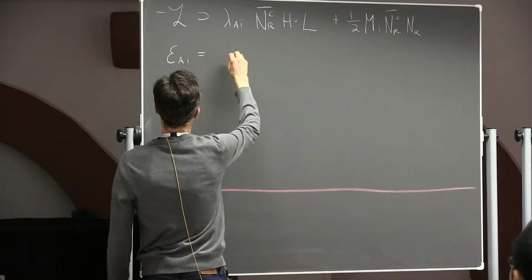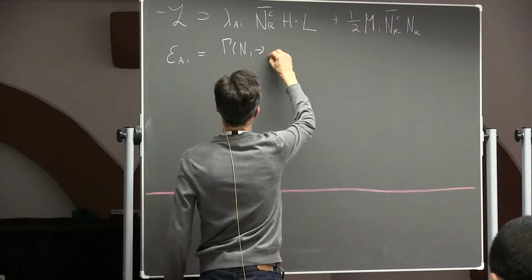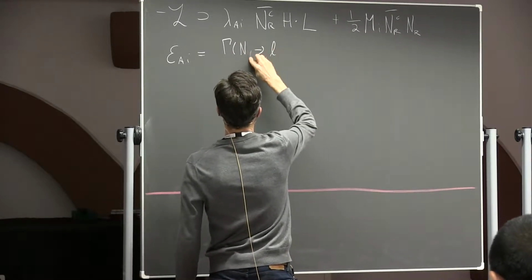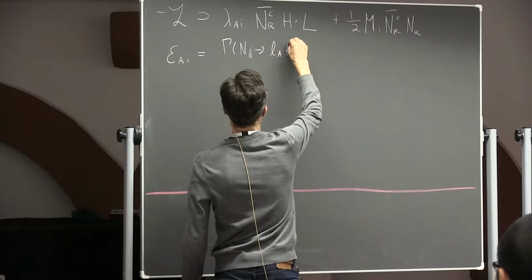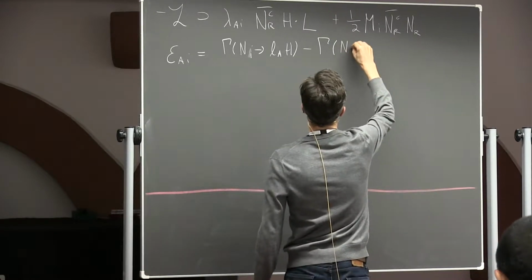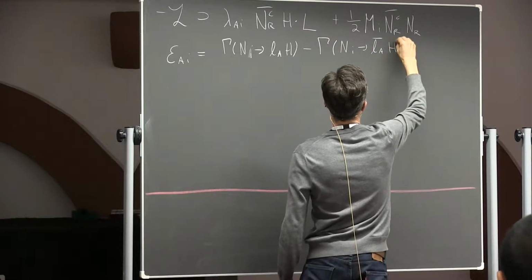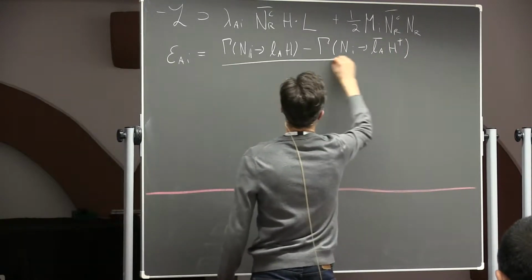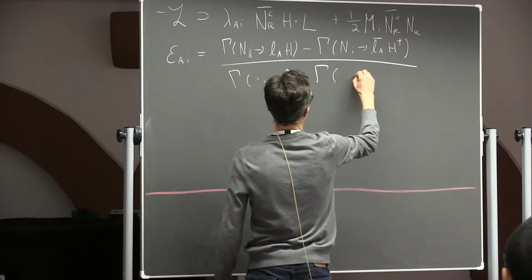And if you recall, our decay asymmetry was the difference between the decay rate of Ni going to L_A H minus the rate of Ni going to L bar A H dagger, divided by the sum of them.